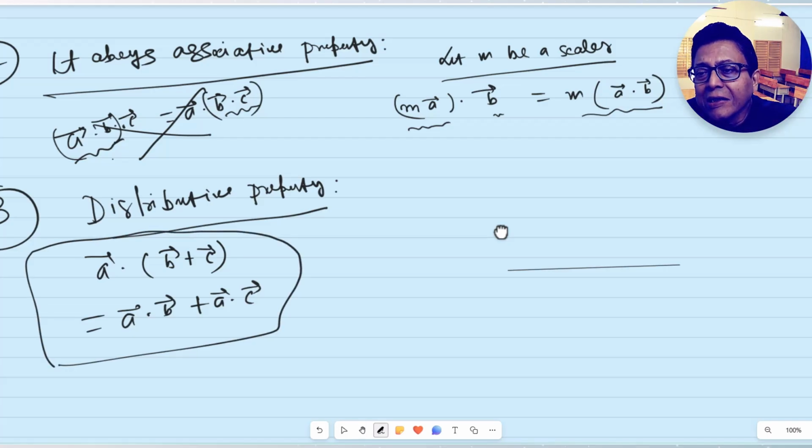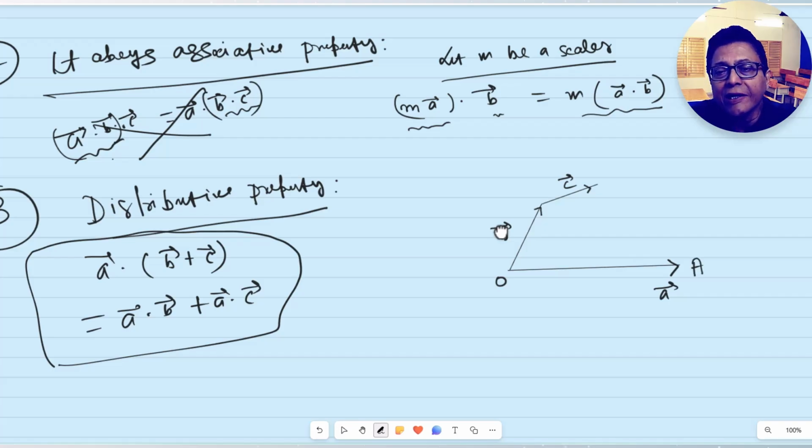So we take this one as A vector. B and C you can take anywhere, but we'll be taking this manner now here. B is this vector, C is this vector. O is the origin, OA is A, OB is B, and BC is C vector.